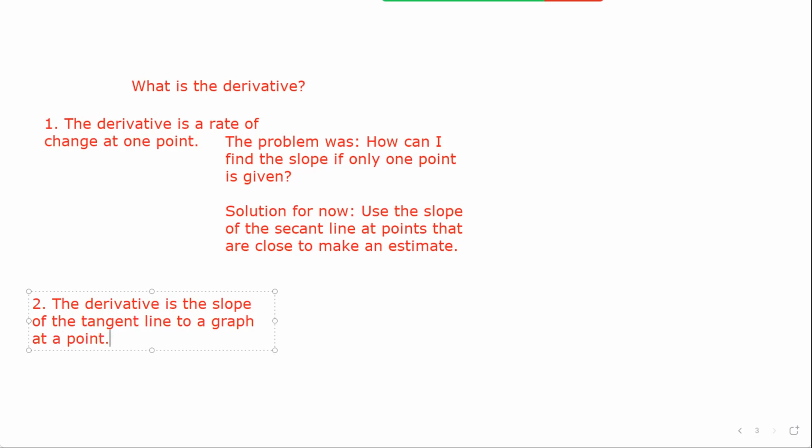We've done this before too, but that's what we just spent the last however long on. This number 2 is more of a graphical interpretation of what this is, and this is one algebraic interpretation of what this is.